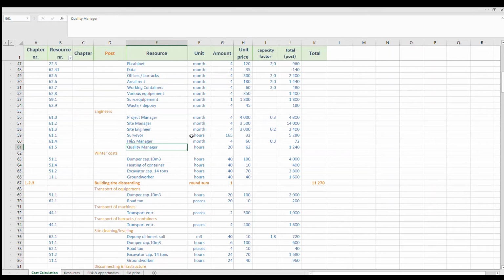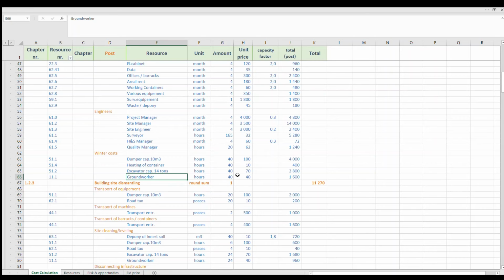If our processes go through the winter time, we have to use some extra hours for winter. It's up to you to estimate this, but I chose to use a dumper for 30 hours, the same for heating of container, excavator, and ground worker.